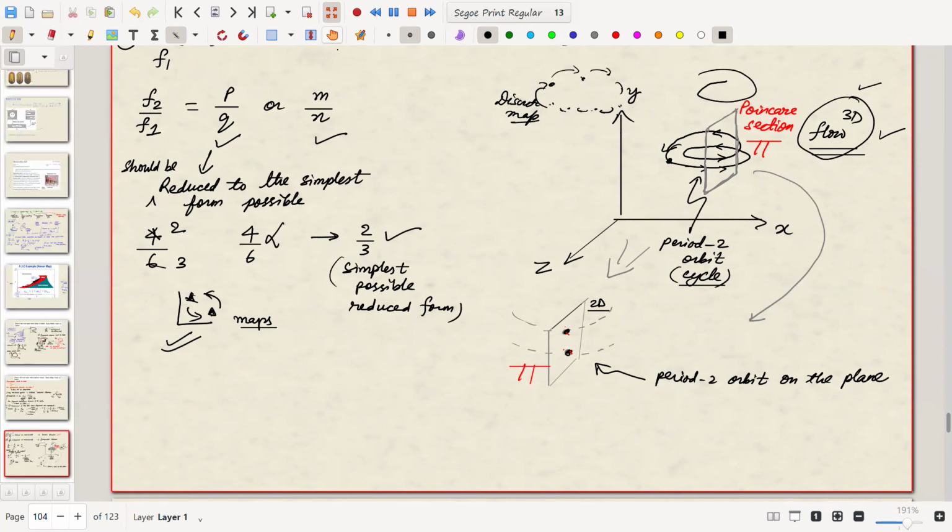Fine. And I also told you that if you see a fraction like 4/6, you have to reduce it to the simplest form, so 4 by 6 becomes 2 by 3.